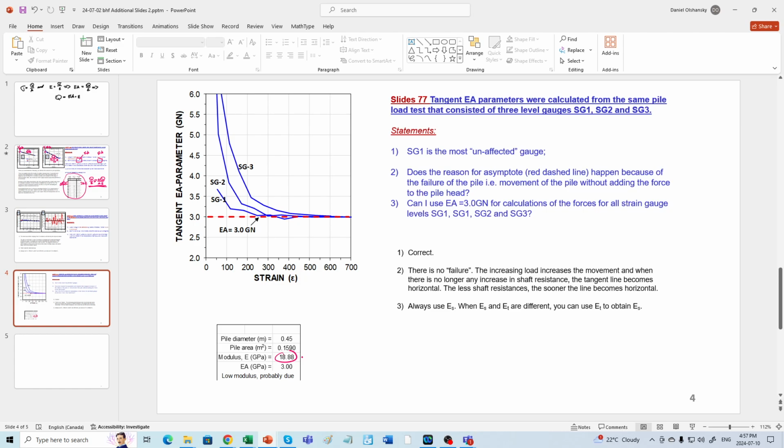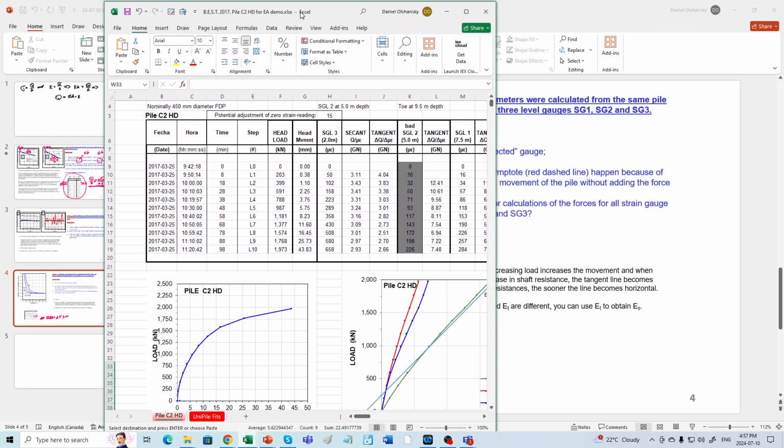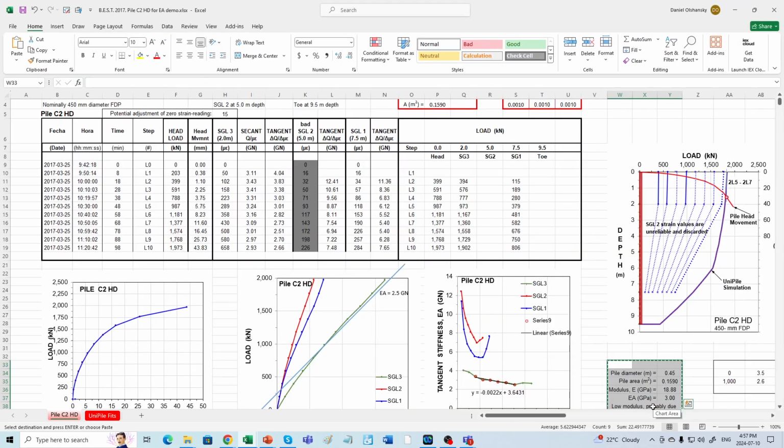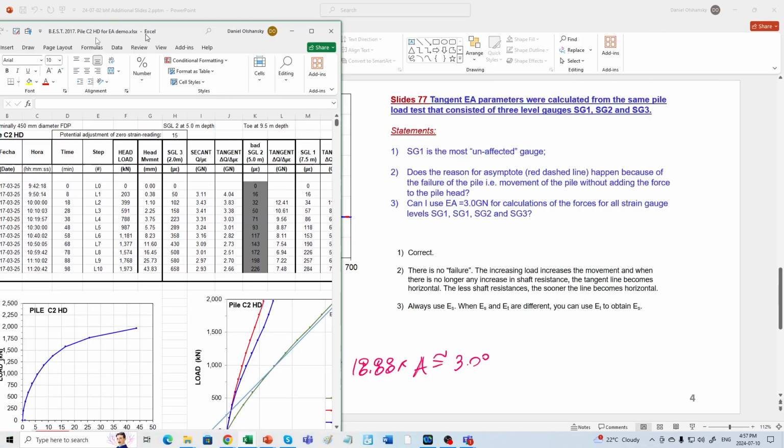I understand that in your case you multiply your 1888 by area, and you got approximately 3, and it's what you told. Okay, so in this specific case, I can use EA like 3 instead of 3.6 or 3. I didn't understand where you picked up the modulus.